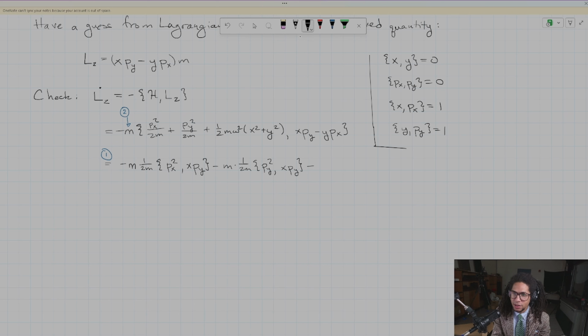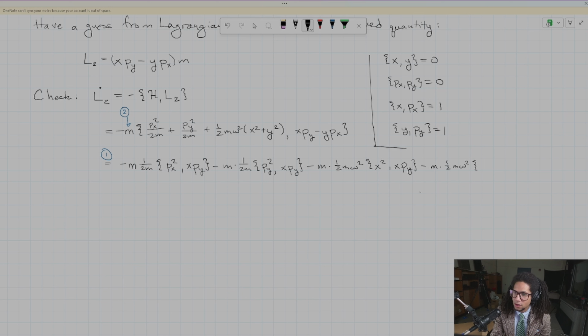Next, we get minus m times half m omega squared, bracket x squared with x p_y. Then we get minus m times half m omega squared, y squared bracket x p_y. Okay, that's the first 4.